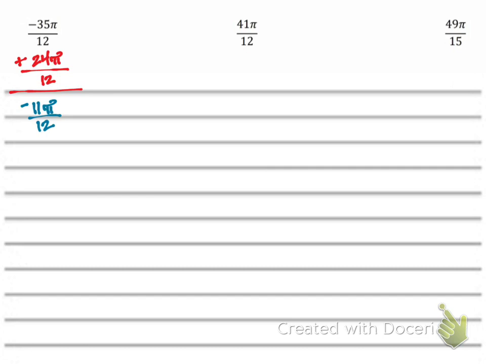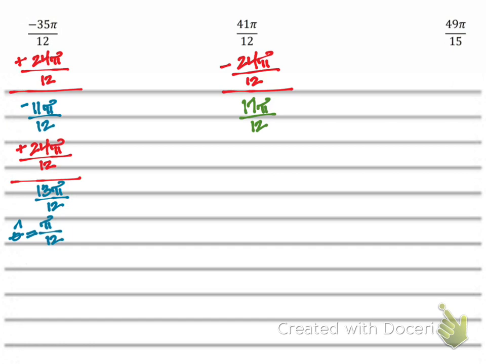Last ones, I have a negative, so I'm going to add a rotation. I still get a negative. I'm going to add another rotation, and I end up with 13 pi over 12, which is pi over 12 away from the x-axis, right, which would be 12 pi over 12. 41 pi over 12 is more than 2 pi, so I'm going to take out a rotation. I'm left with 17 pi over 12.